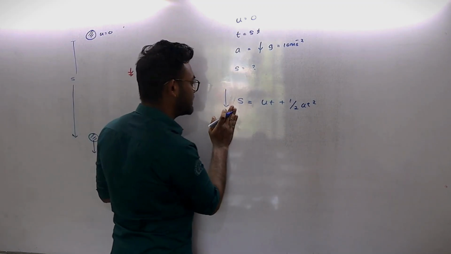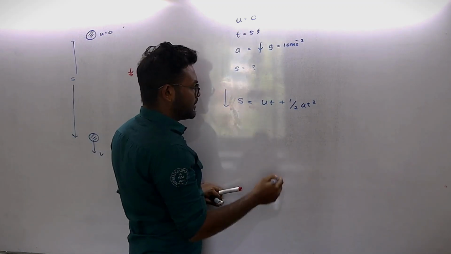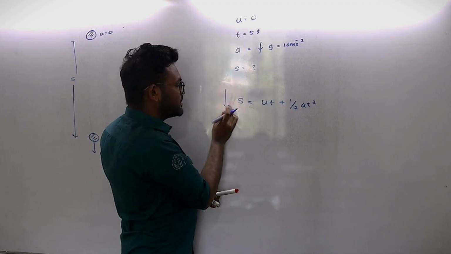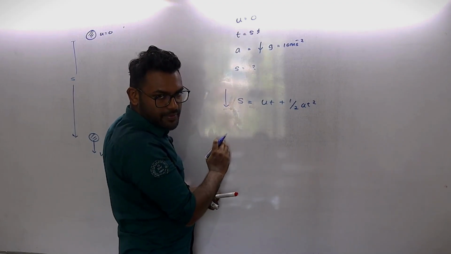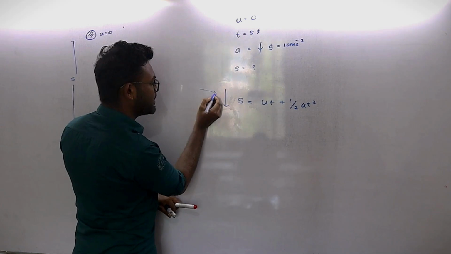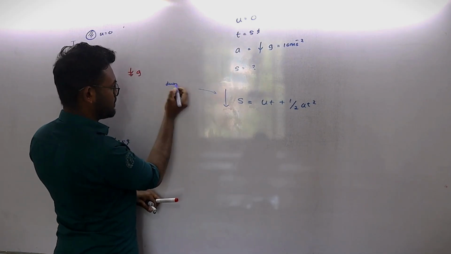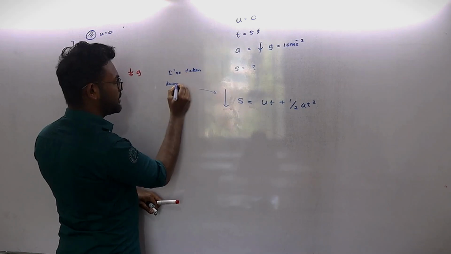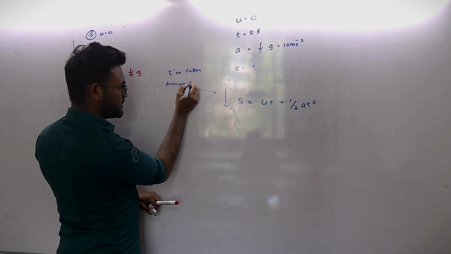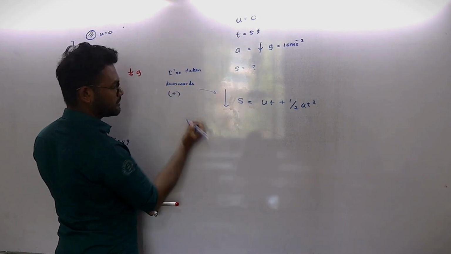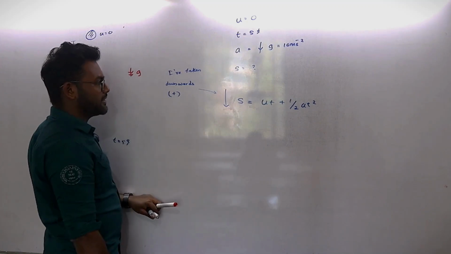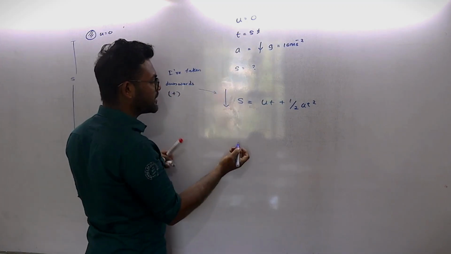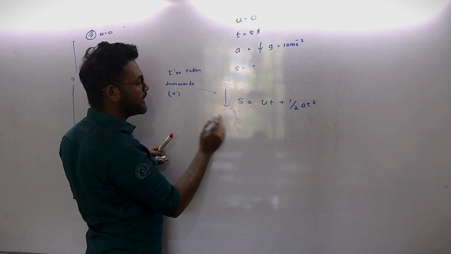This arrow must be there. Downwards, which means you are considering downwards to be positive. That's what it says. Not with words, but just drawing a single arrow. You can write it with a pencil.